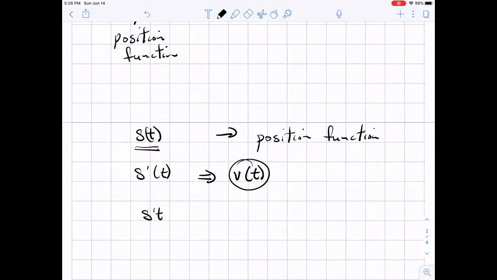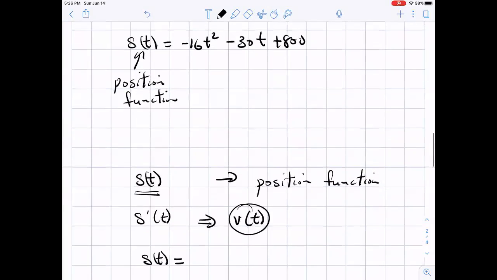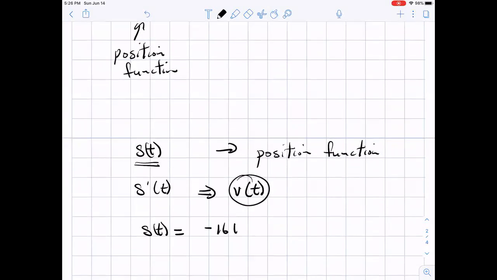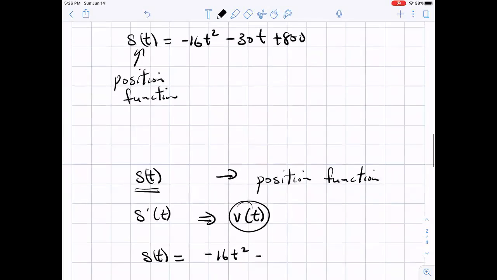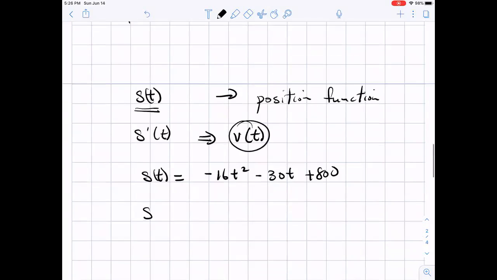Well, S of t is given to you, well, we found it, minus 16t squared minus 30t plus 800. So S prime of t, which is the same as V of t, will be equal to minus 32t minus 30 plus 0, right?